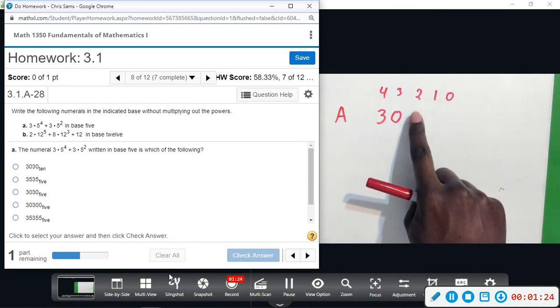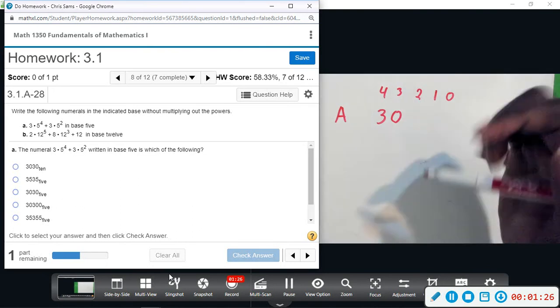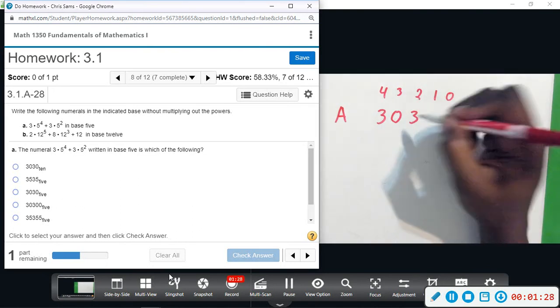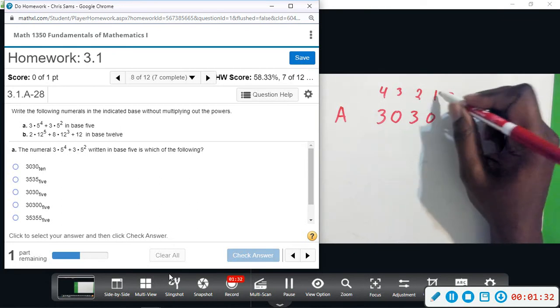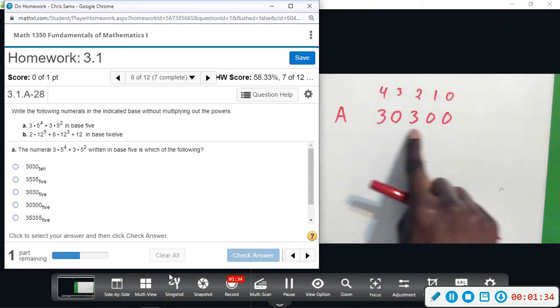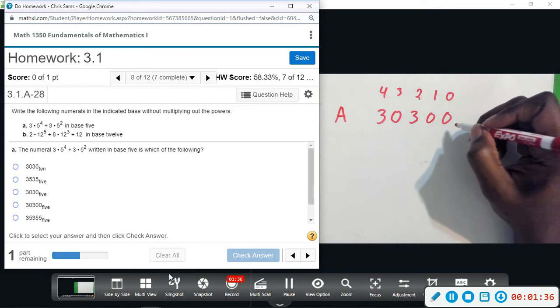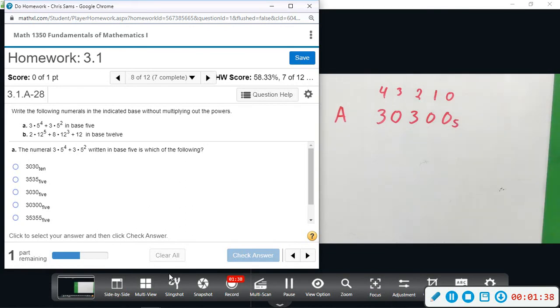So that 5 to the 2nd power is this position, so we're going to put another 3 here. And then we don't have anything in the 10s or the 1s position. So this is the number base 5 written out without actually having to multiply anything out. So we're looking for 30300.